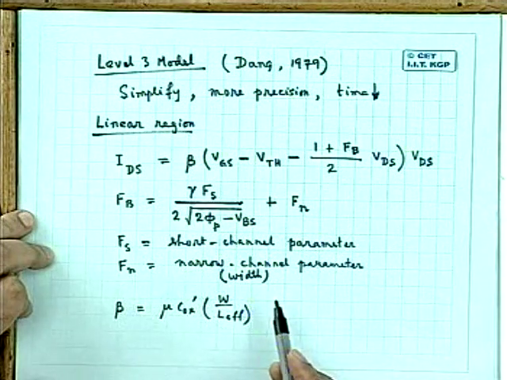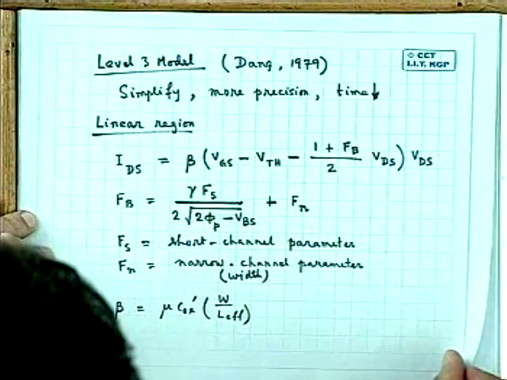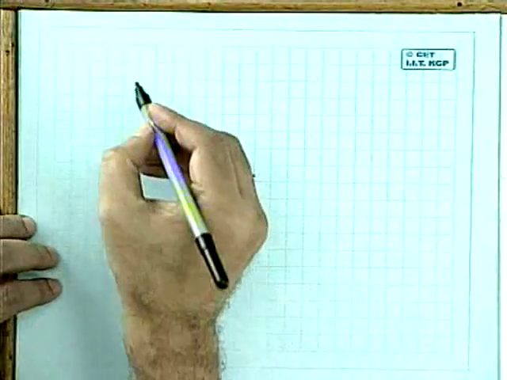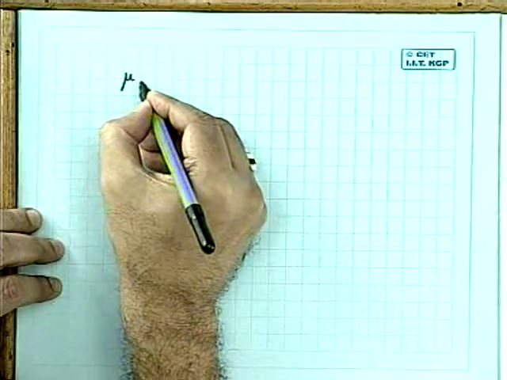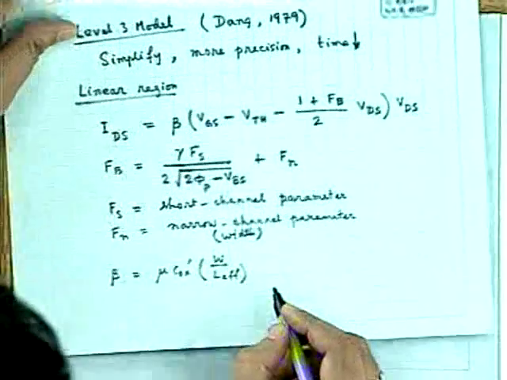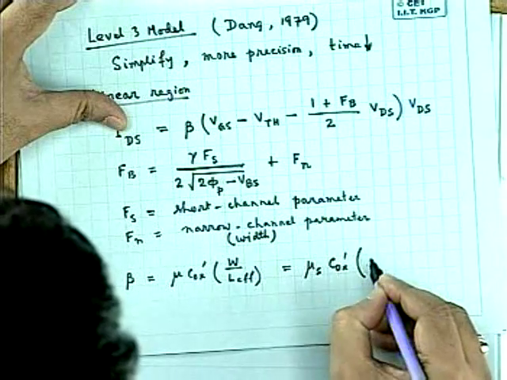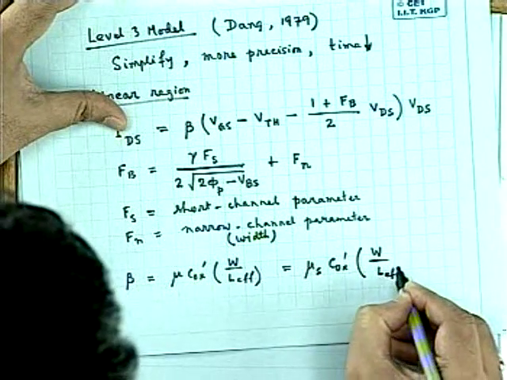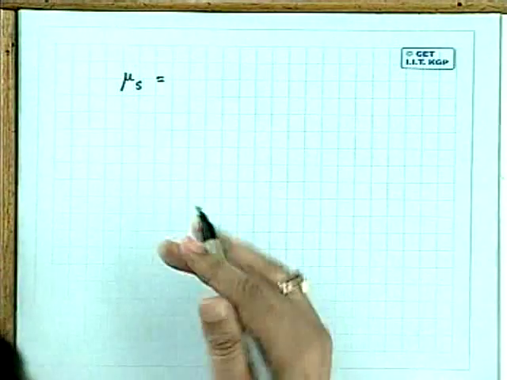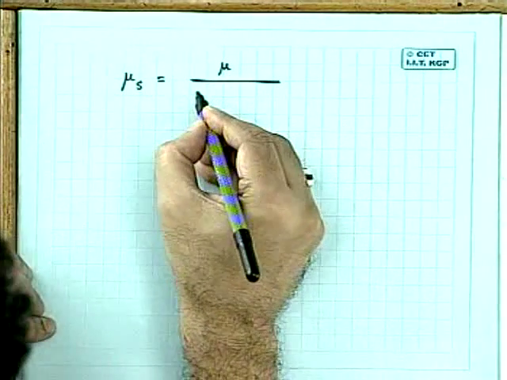All right. Now this mobility mu is modified. This is the original thing, but mobility mu is modified in level 3 in the following fashion. Instead of mu, you now write mu s. So beta is equal to mu s Cox dashed. So mobility is modified to mu s. Mu s considers the vertical field effect through the following simple equation.